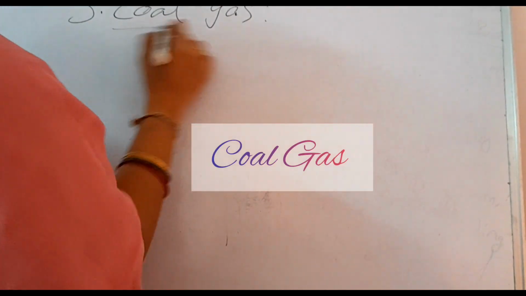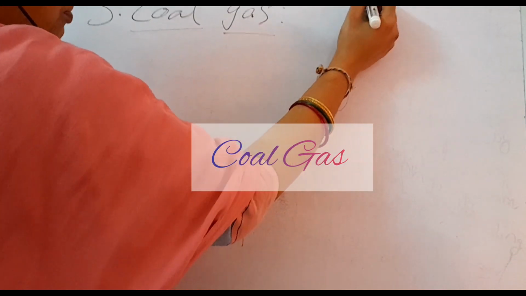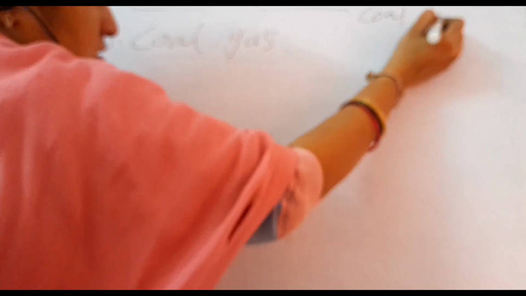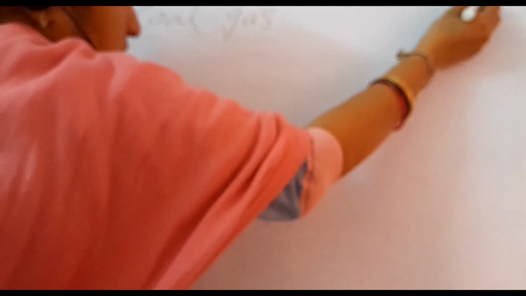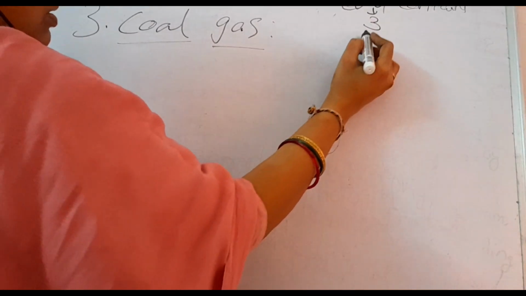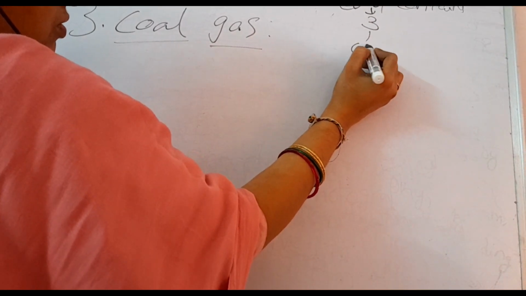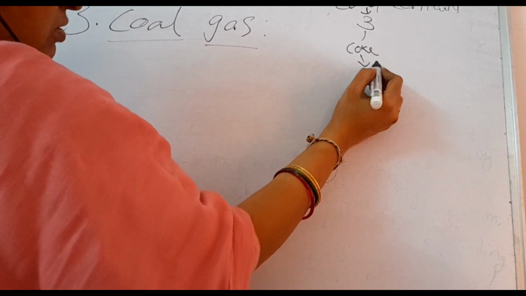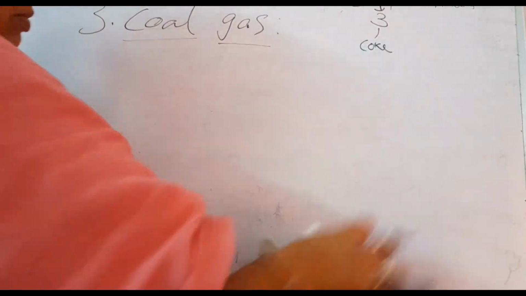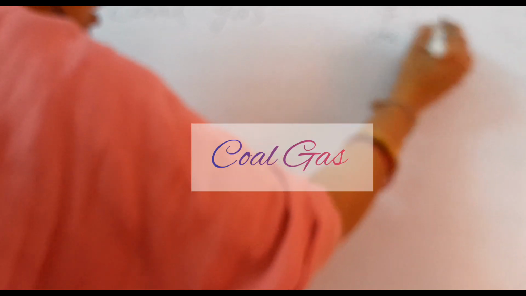Coal contains three products: coke, coal tar, and the third one is coal gas.